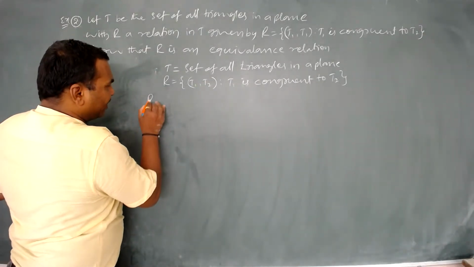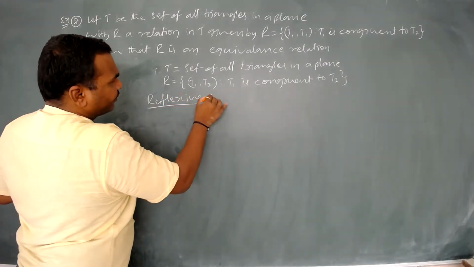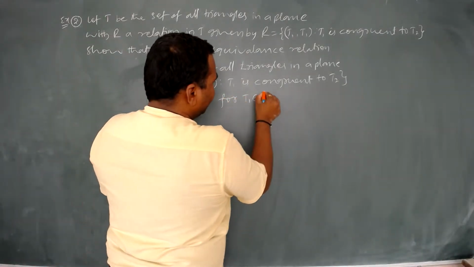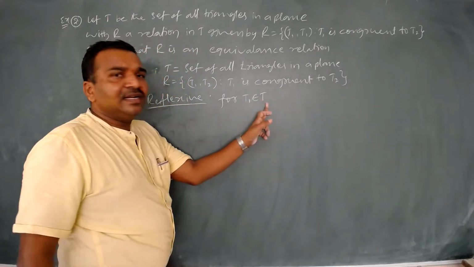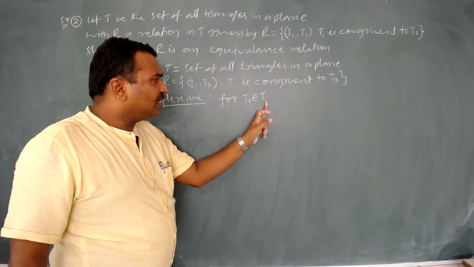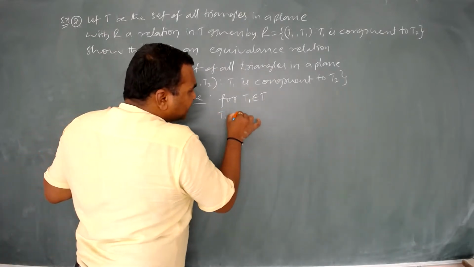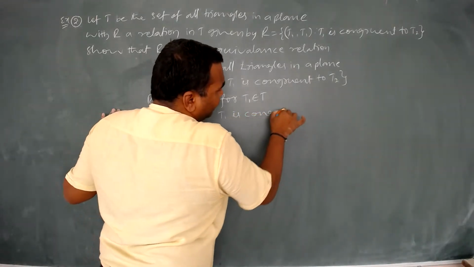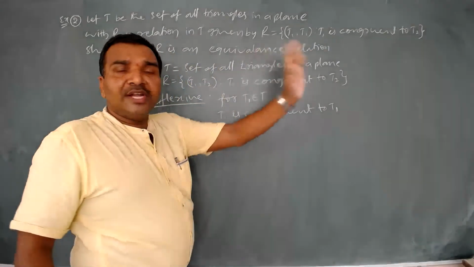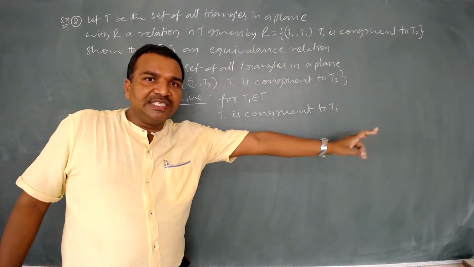Now, we will check one by one. First, reflexive. Is it reflexive or not? For any triangle T1, T1 belongs to capital T, the set of all triangles. In that set of all triangles, for any triangle T1, T1 is congruent to T1. Is it possible? A triangle is congruent to itself. We can take any triangle, that triangle is congruent to itself.